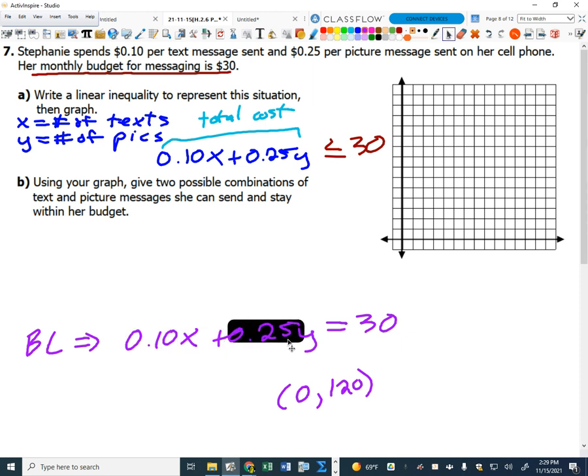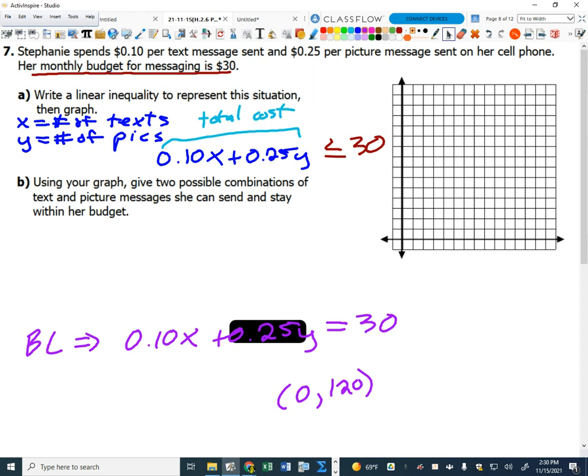How about the other intercept, the x-intercept? If I set y equal to 0 and solve, 0.1x equals 30, what would I do to isolate the x here? How could I undo multiplying by 0.1? I could divide by 0.1, or what could I multiply by? 0.1 times what is 1? 10.